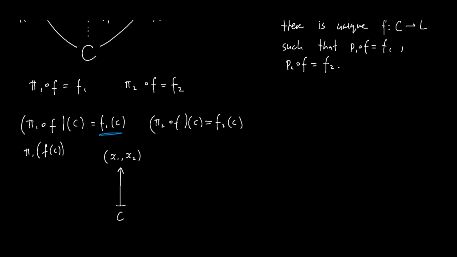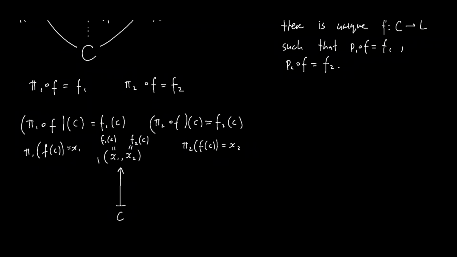And it tells me that it must be f1 of C. On the other hand, the other equality says that that thing must be f2 of C. So this one is x1 and that's x2, right?